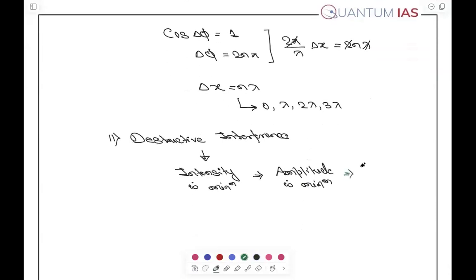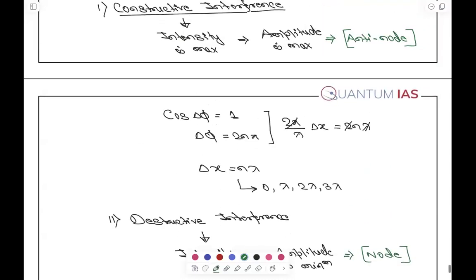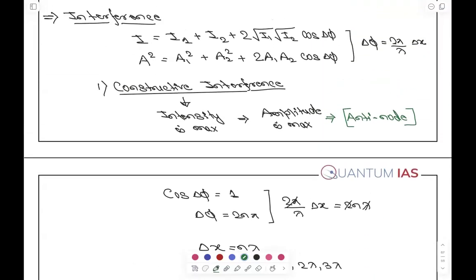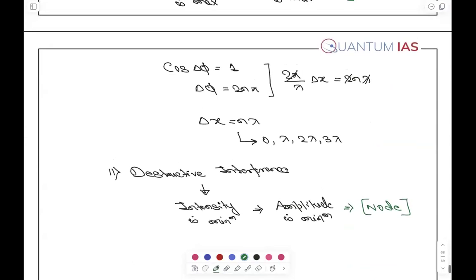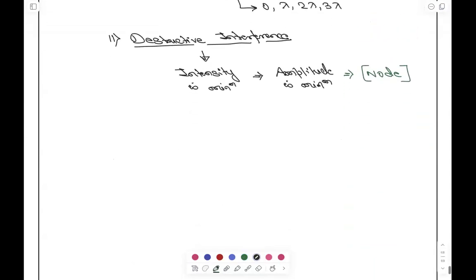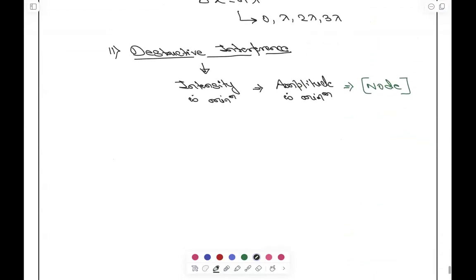What is this point known as? Anyone? क्या बोलते हैं इस पॉइंट को? Node. So antinode तो सबको याद होता है कि मैक्सिमम एम्पलीट्यूड वाली पॉइंट है, right? But in destructive interference you will get a node, and a node is a point where amplitude is minimum, not necessarily zero.